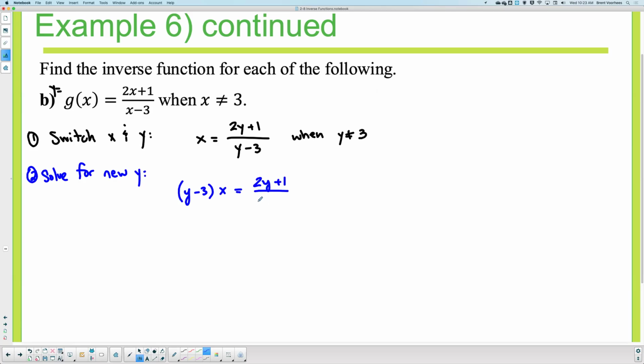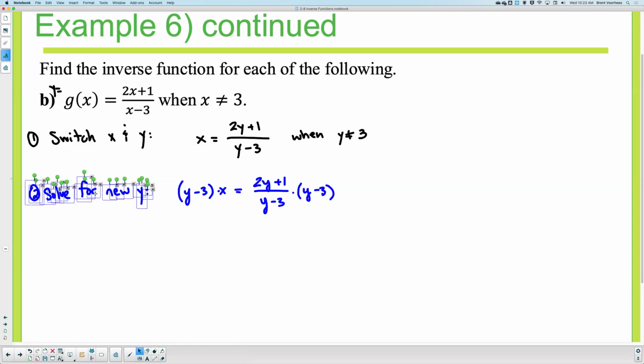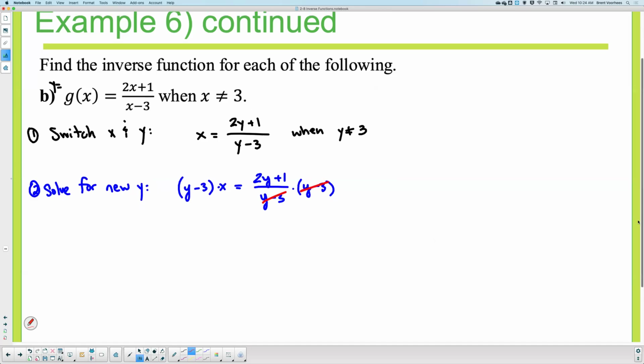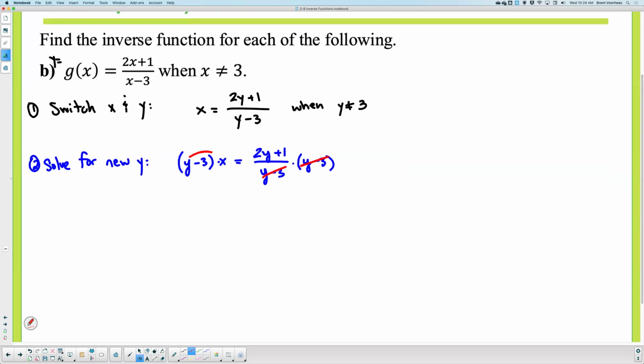Sorry, my computer's going slow here. So I'm multiplying both sides by y minus 3. That's what I'm doing on this step. Let's see if I can slide this down and get it more aligned. Okay, so what happens when I do that is this denominator gets canceled by this factor. And so I'll distribute here.